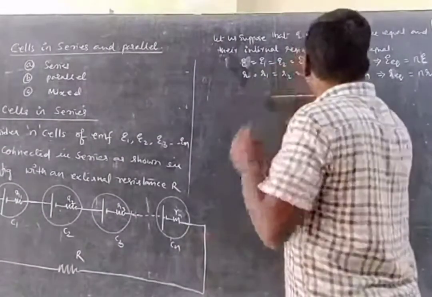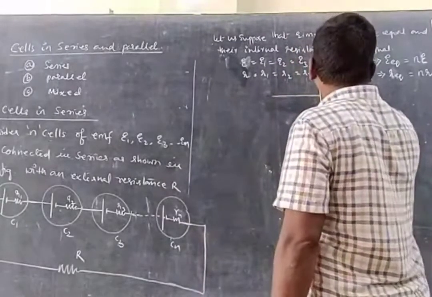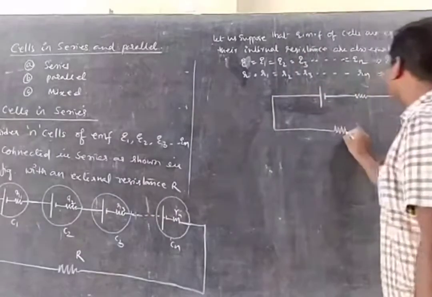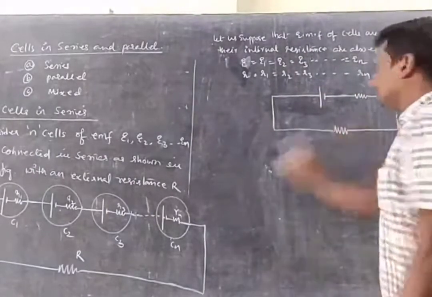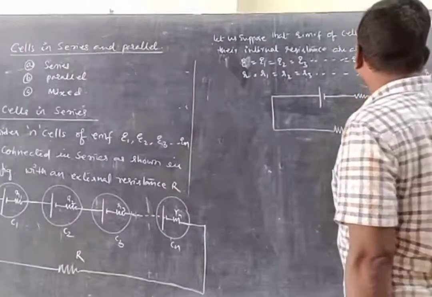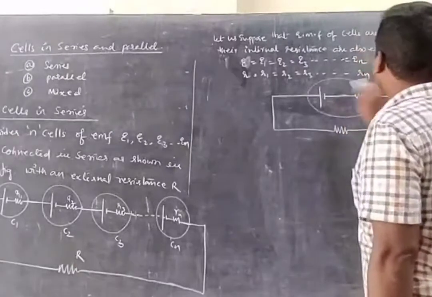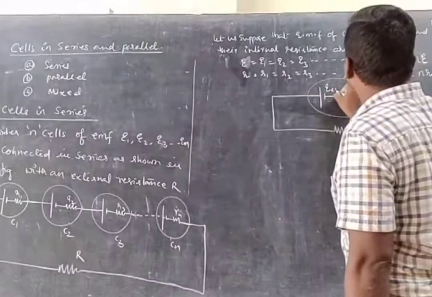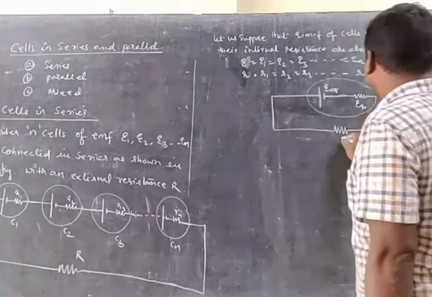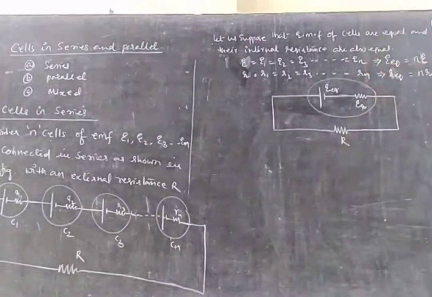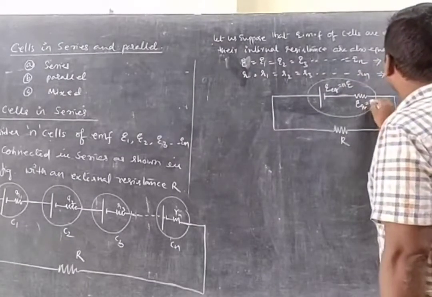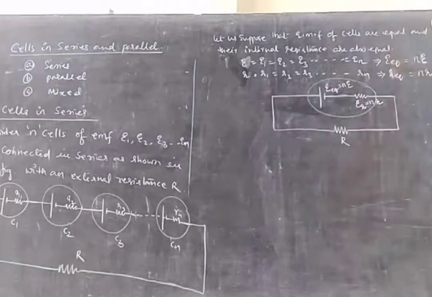Hello, please look at the board. So this circuit can be redrawn like this, right? So this is my cell, and this is my EMF equivalent, and this is my r equivalent, and this is my external resistance R, where E equivalent is equal to nE and r equivalent is equal to nr.